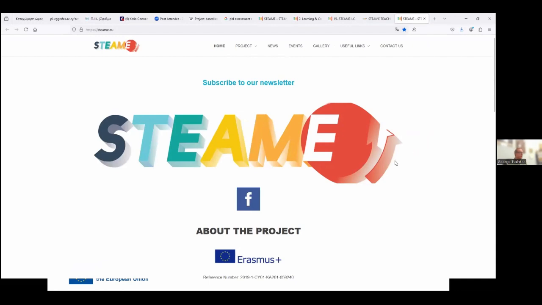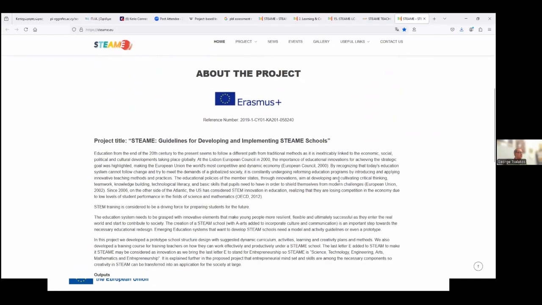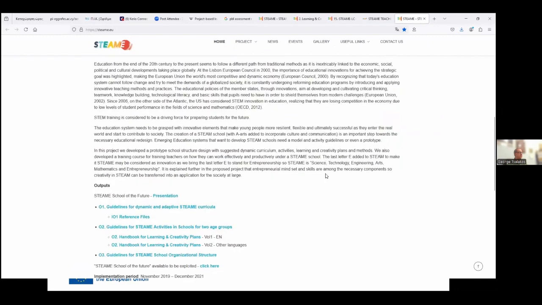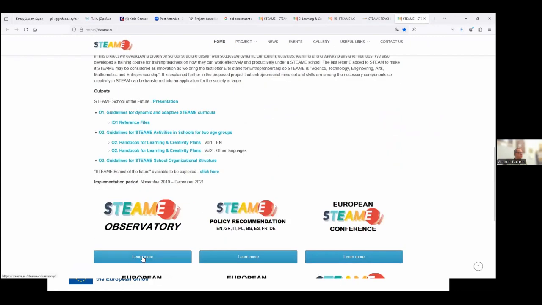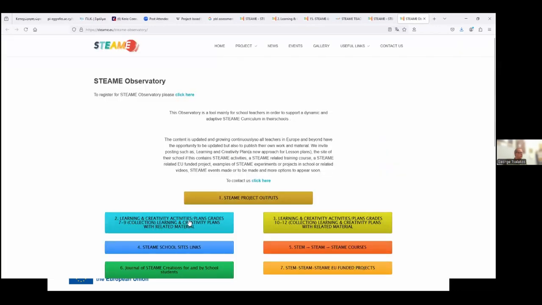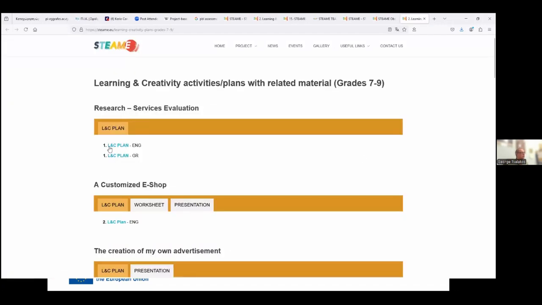If we go to the STEAME website, we have the observatory here. And in the observatory, we have learning and creativity activities for 2 different age groups of students. Grade 7, 9 here.